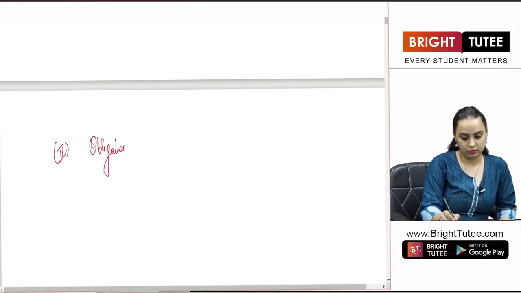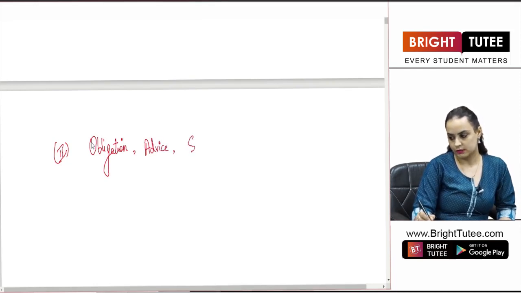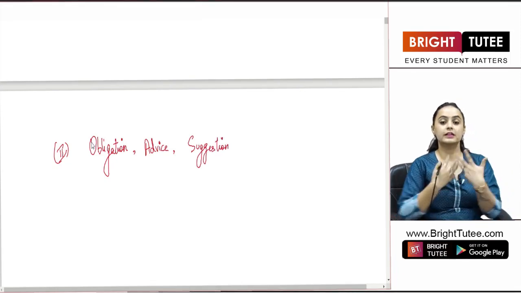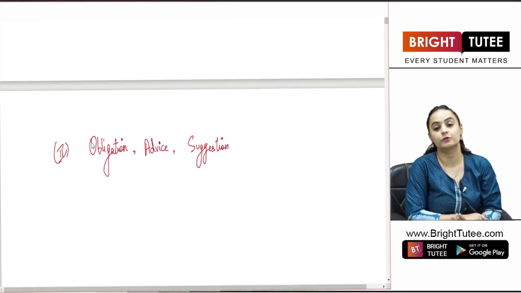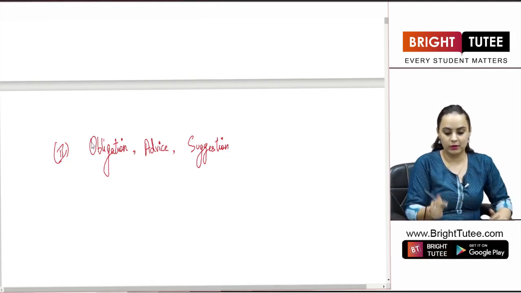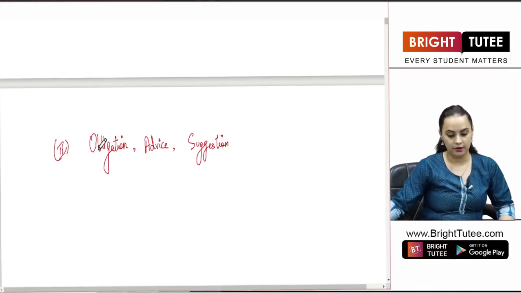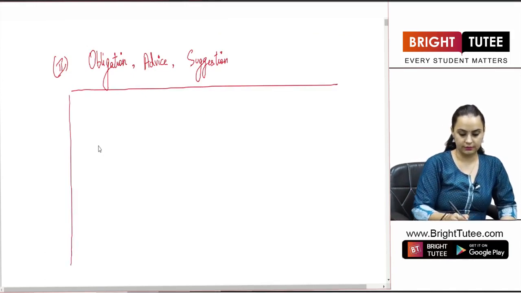obligation or advice or suggestion. So, if you are giving an advice to someone, if you are giving a suggestion to someone, if you are showing somebody your obligation, your responsibilities, what are the modals that we can use?